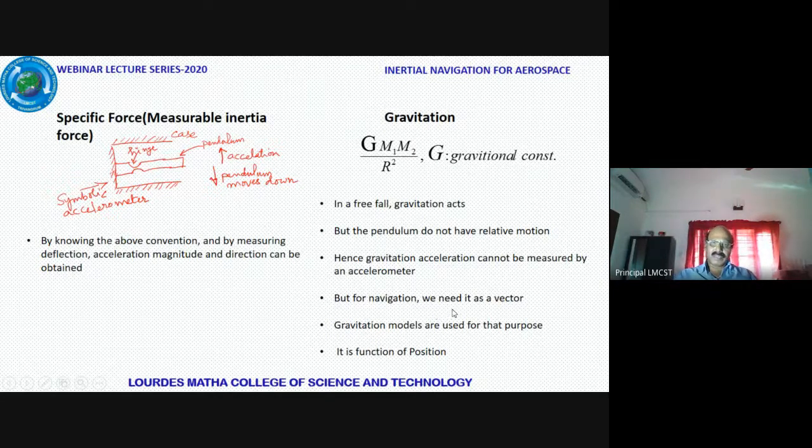Free fall we explained. But one thing you should remember, the gravitation is a function of position. If you know your position vector, then with the proper models you can get that vector by calculation. Okay, we'll go next.